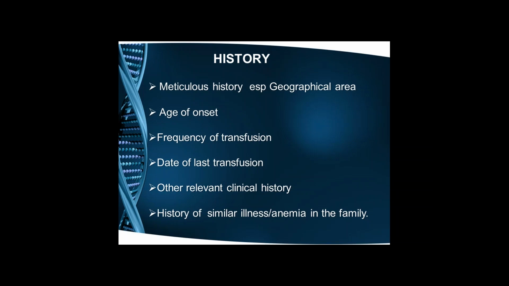the age of onset matters; major will have an earlier onset. Frequency of transfusion is important, and the date of last transfusion is most important, because that can affect the result.